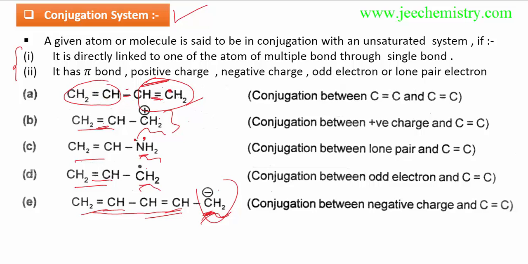Through a single bond, this is linked with the double bond, and this group has a pi bond, a positive charge, a lone pair, free radicals, an anion or negative charge. Anything will be there, the group of atoms is said to be in conjugation. So this type of system is said to be conjugation, which is required to know the mesomeric effect.